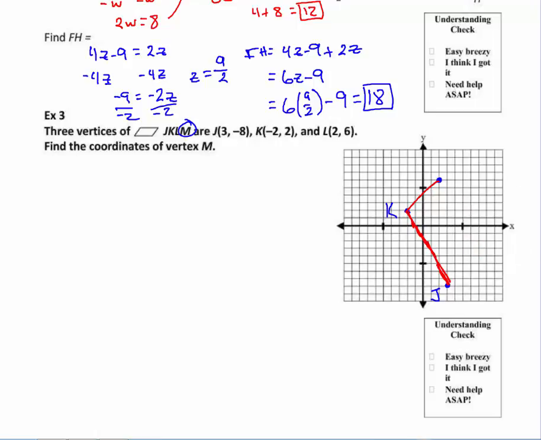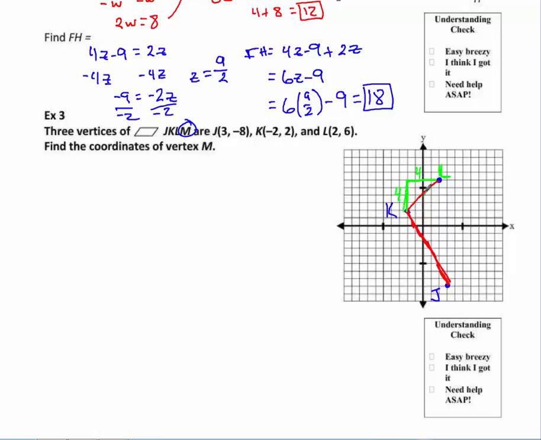And the easiest way to do it is to see how much does this piece move, right? How much do we move from K to L up here? You see we go 1, 2, 3, 4, up 4, 1, 2, 3, 4, over 4.